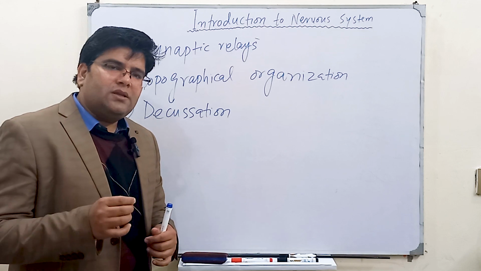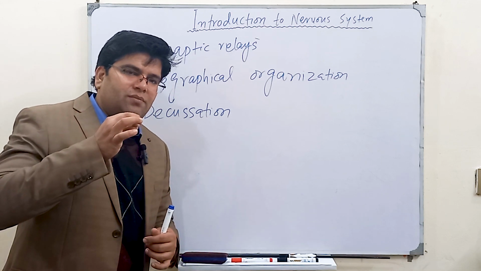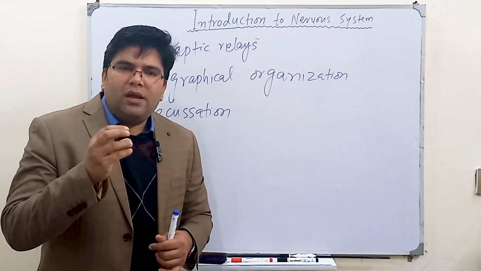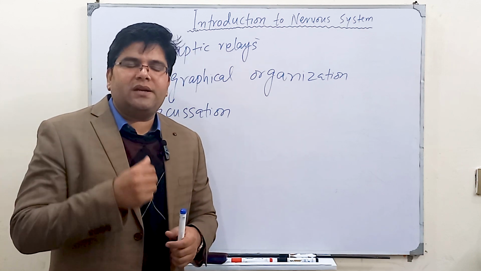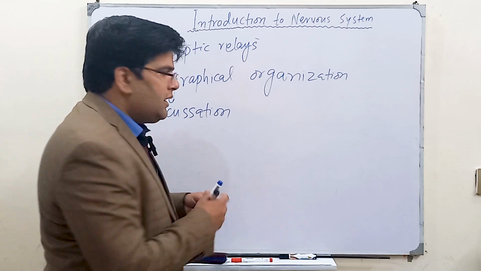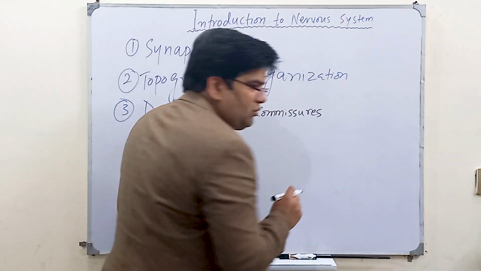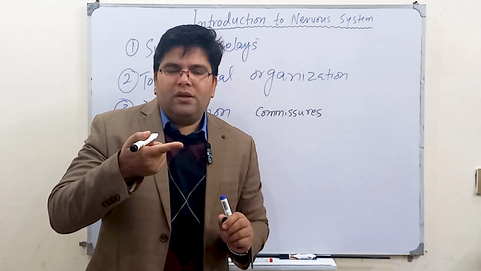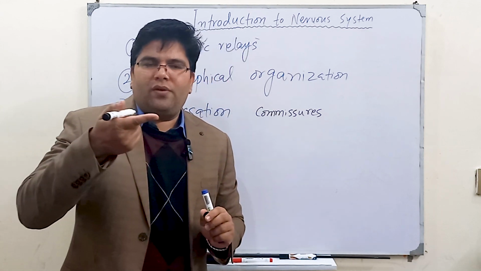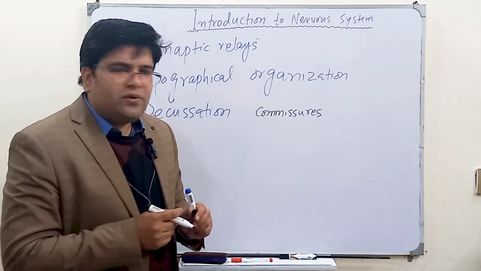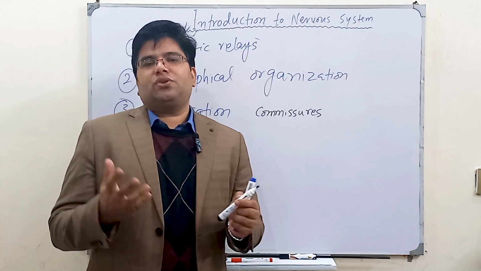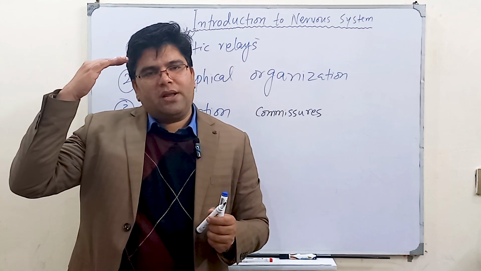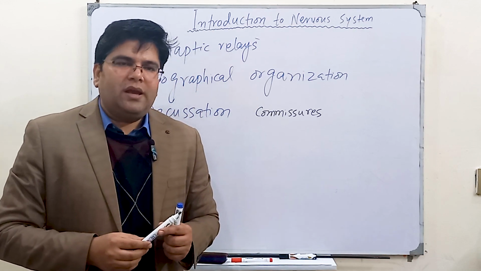There are some tracts within our nervous system which carry information crossing from one side to the other, and these bundles or tracts of nerve fibers are called commissures. They take signals from one side of the spinal cord to the other side, or from one side of the brain to the other. For example, the corpus callosum is the largest commissure, which connects our right cerebral hemisphere to the left cerebral hemisphere.